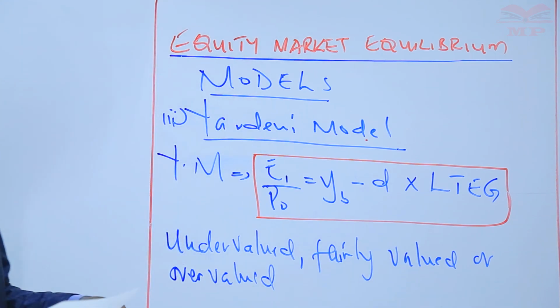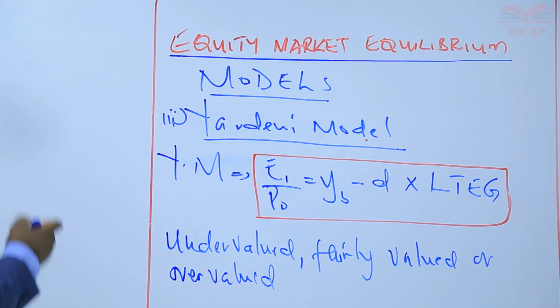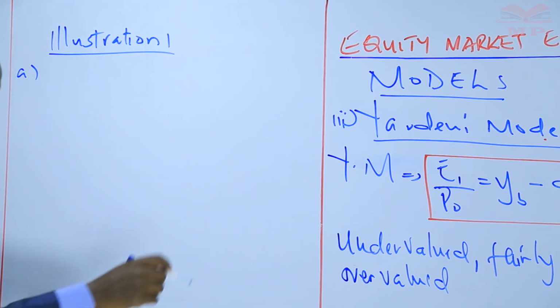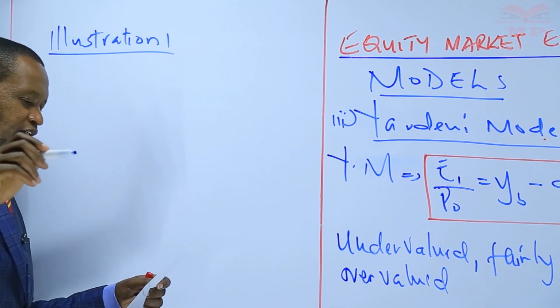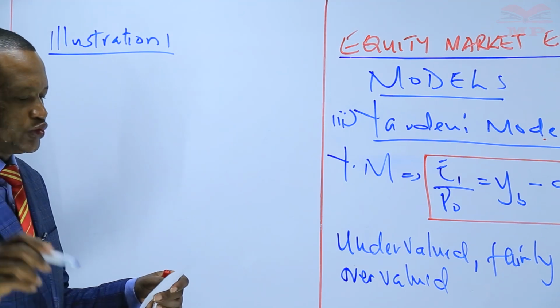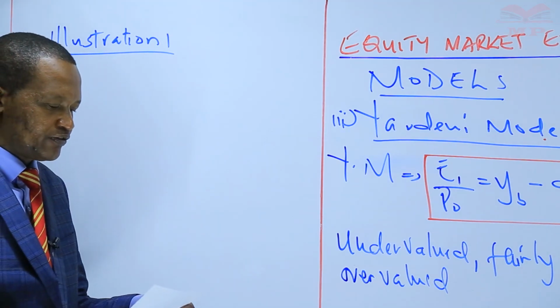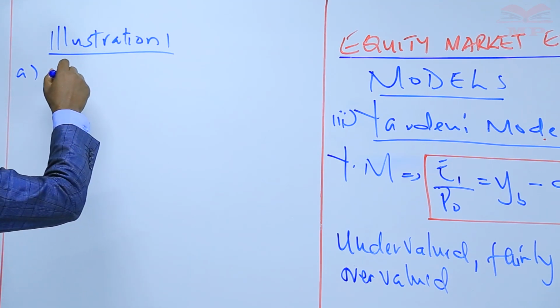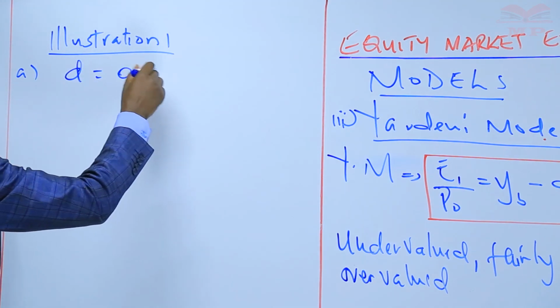A rated corporate bond. A corporate bond yield is 6.49%. So we'll first answer part A. Illustration 1A. We are to calculate the Yardeni model assuming D is 0.05. So we'll start with the assumption that D is 0.05.